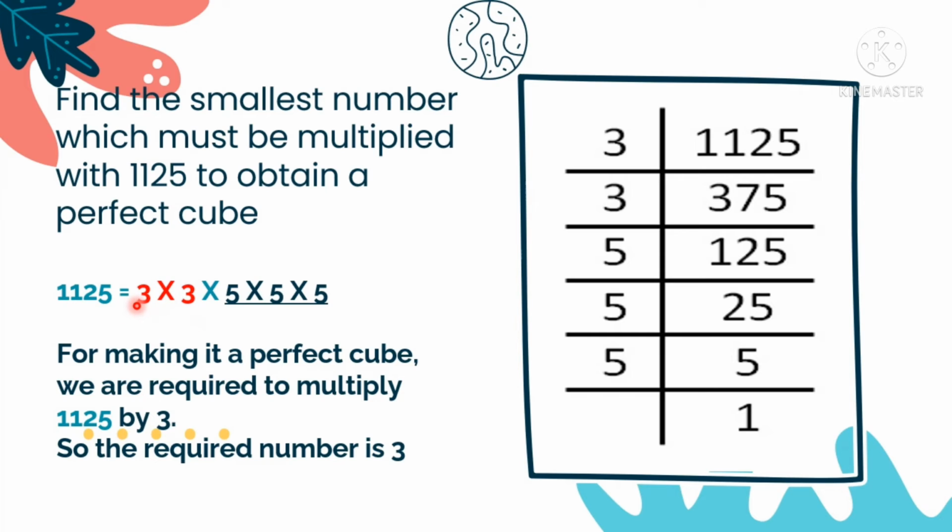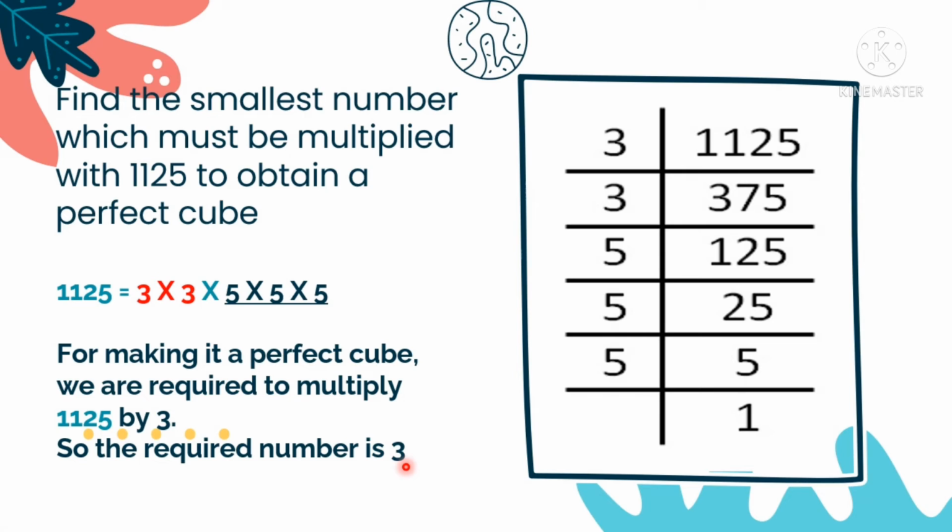Since we are doing cubes and cube roots, we need three 3's here, but we have only two, so we are missing one more 3. What does it mean? It means that to make it a perfect cube, we need to multiply 1125 by 3. If we multiply by 3, our grouping is completed. So the required number is 3.